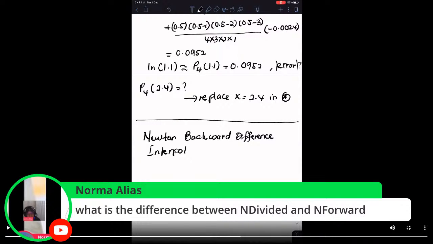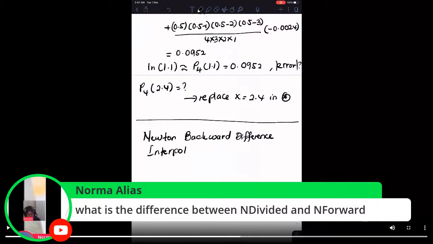There is no question. I'm waiting. What is the difference between Newton divided and Newton forward? The important thing, can you find the important thing? What's different? I just want to find the important thing.